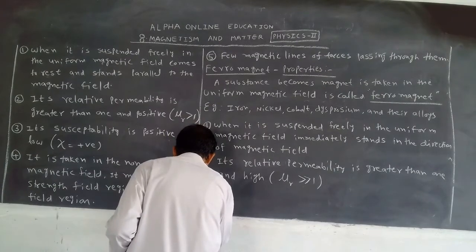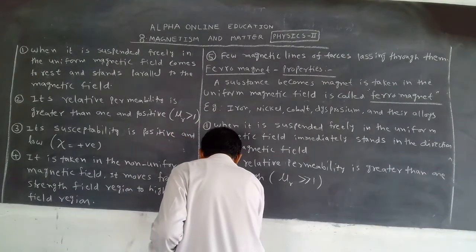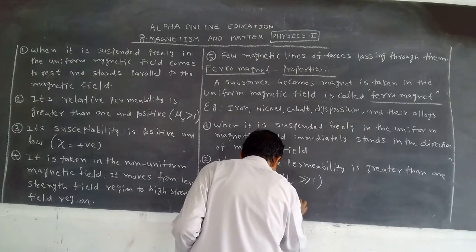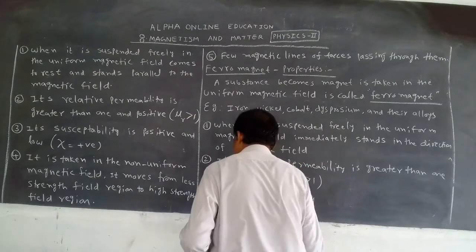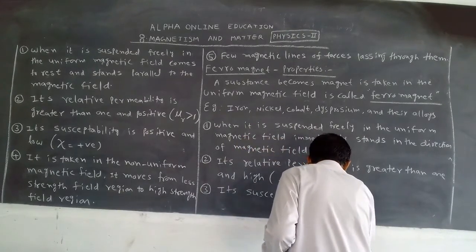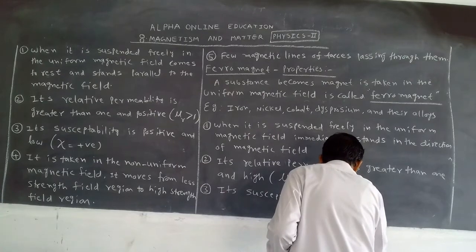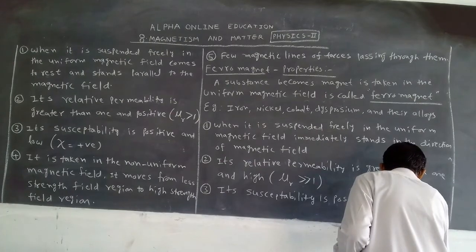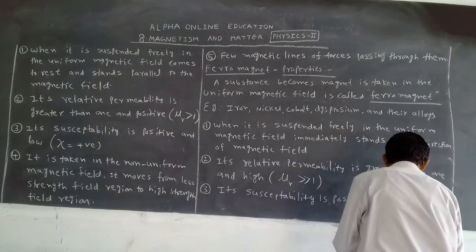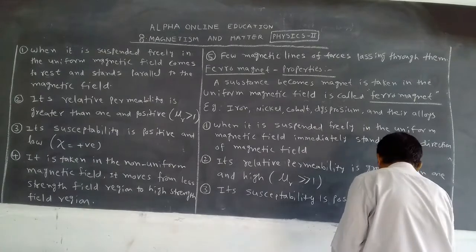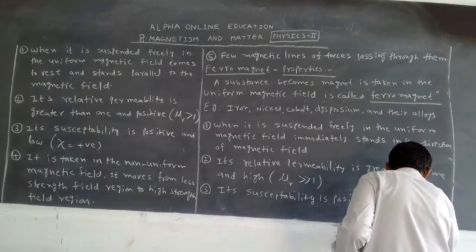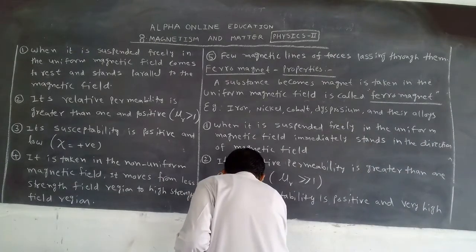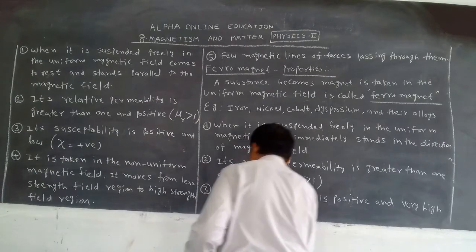And the third one, its susceptibility is positive and very high, means chi is equal to positive and high.